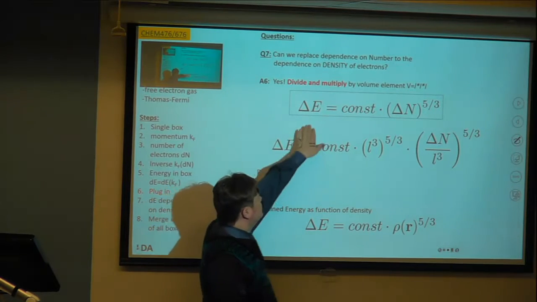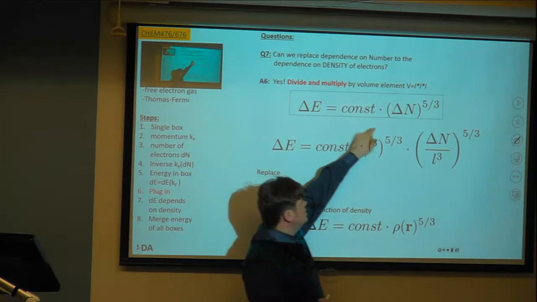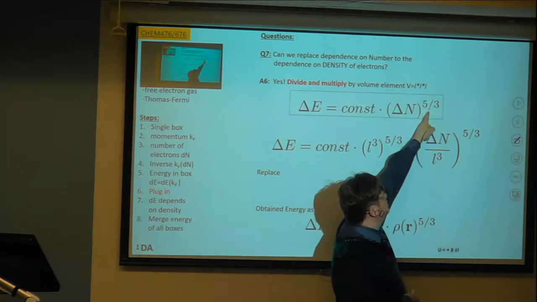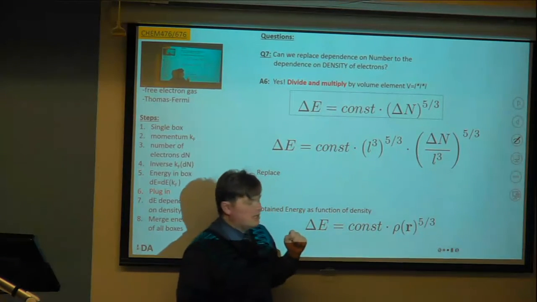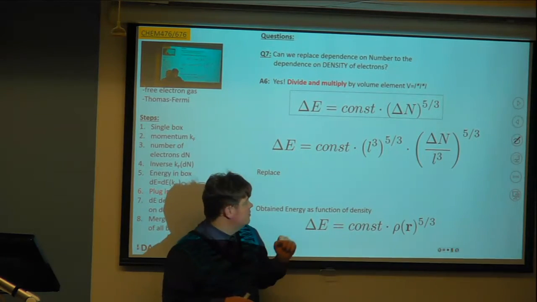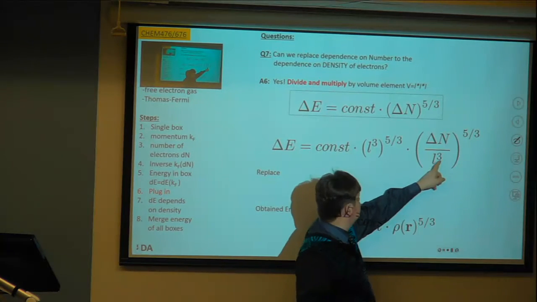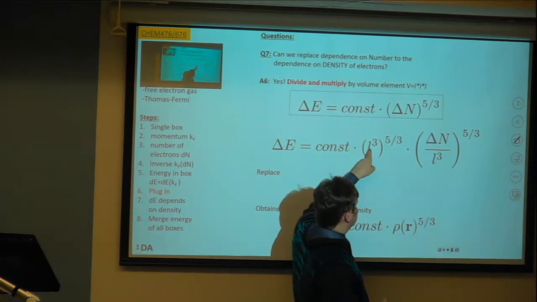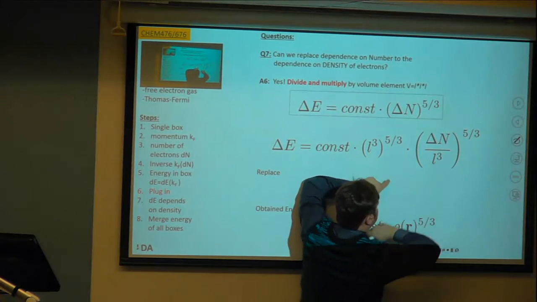So here is your discovery. Energy of a single box is constant times number of electrons to the power 5/3, right? If you want to convert from number of electrons to density of electrons, you can divide it by L to the power 3 and multiply by the same power, L cubed to the 5/3.